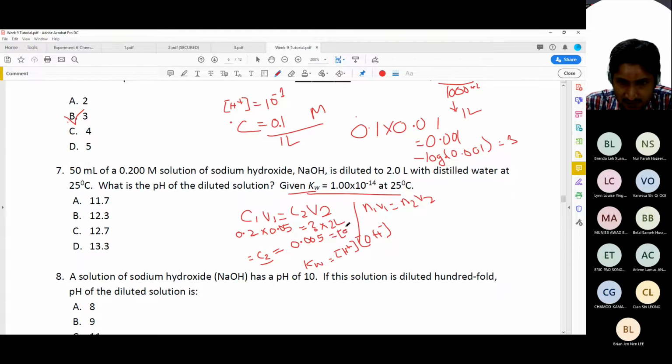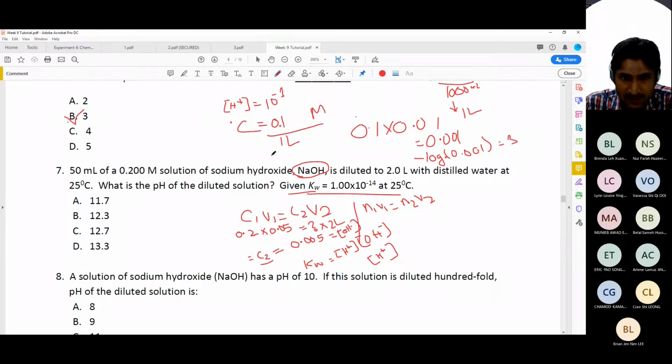Why is it hydroxyl ion concentration and not hydrogen ion concentration? Can anybody tell me? Because of sodium hydroxide. Sodium hydroxide is a strong base and it will dissociate fully.